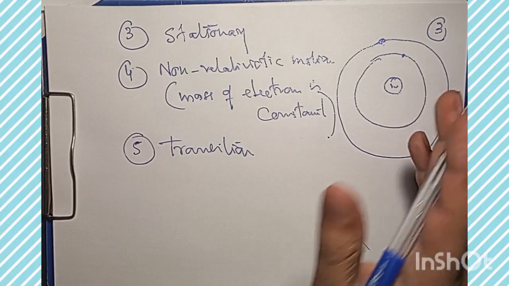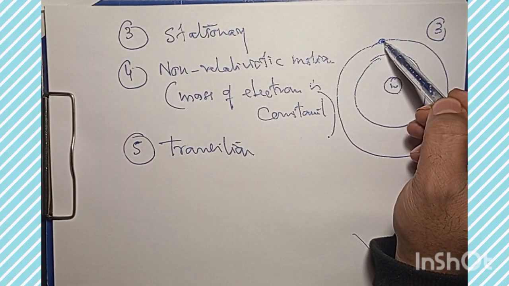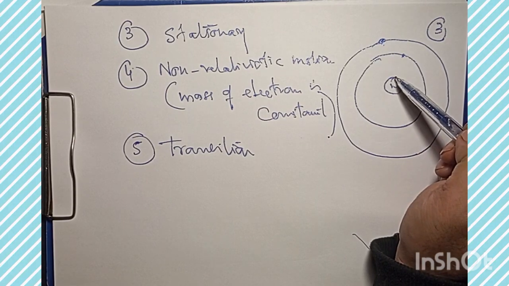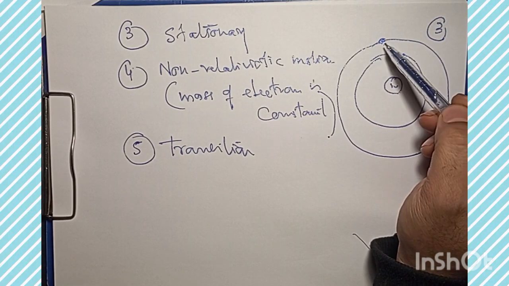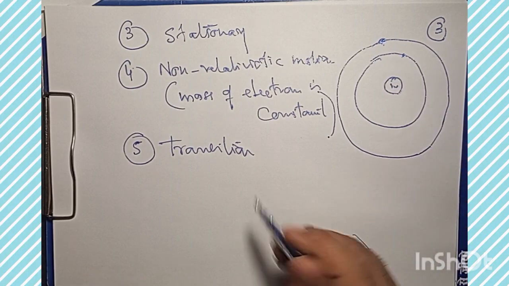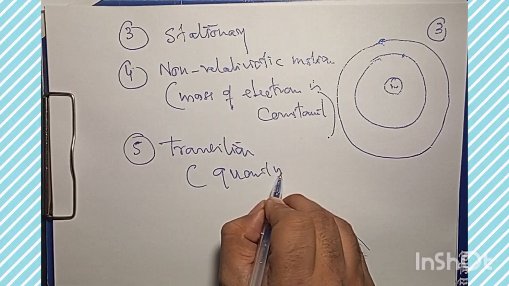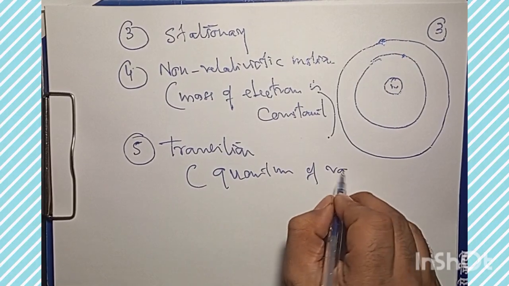If the jump is from the orbit of higher energy to the orbit of lower energy, the difference of energies is emitted as a quantum of radiation.